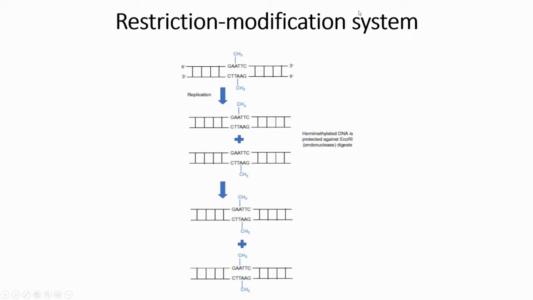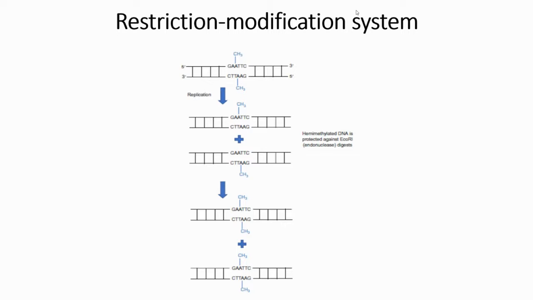And the restriction modification system. Okay, so almost all the restriction endonucleases are paired with a methylase, which recognizes the DNA methylation site. As I mentioned, they were originally discovered in bacteria, and the bacteria developed these systems to protect themselves.